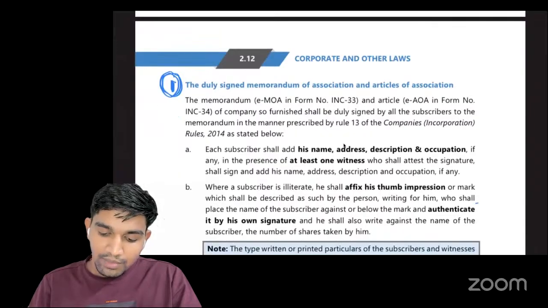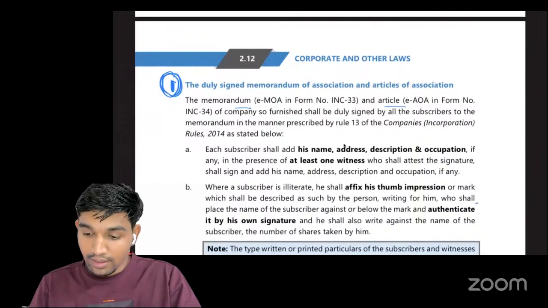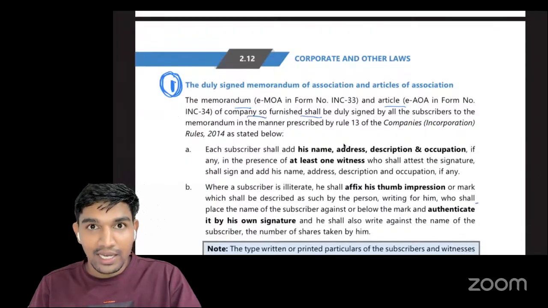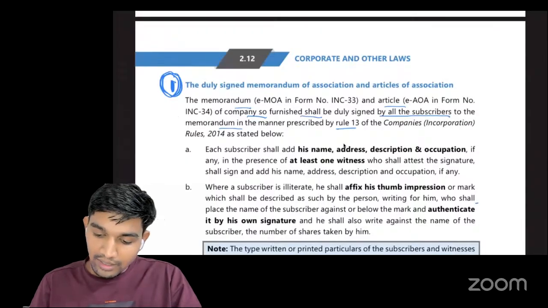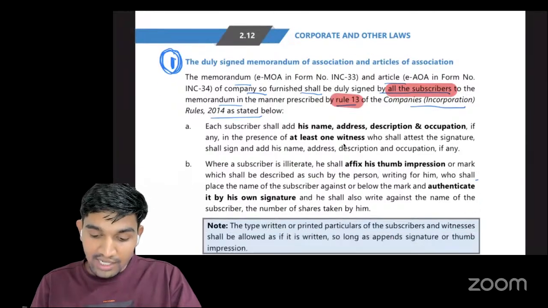The memorandum, that is e-MOA in form number INC-33, and articles, e-AOA in form number INC-34, of the company so furnished shall be duly signed by all the subscribers to the memorandum in the manner prescribed by Rule 13 of the Companies Incorporation Rules 2014, as stated below.